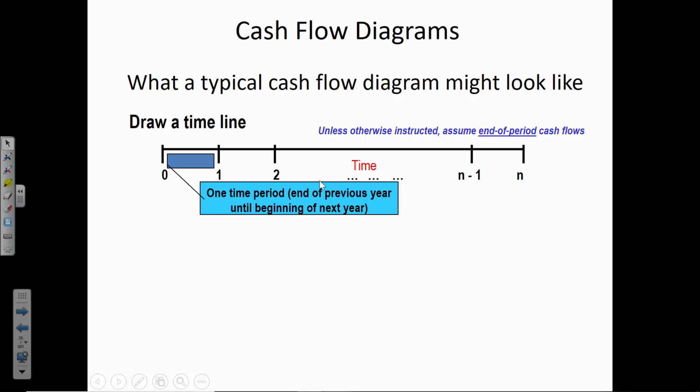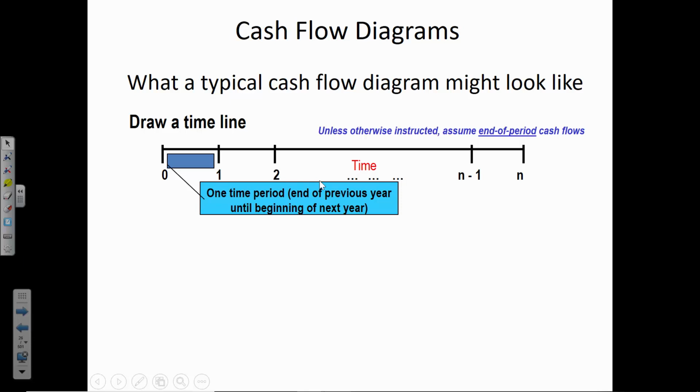This maybe seems really obvious, but at some point in the semester, probably everybody here is going to have to stop and think, all right, is this the beginning of the year? How much time has passed? You can sometimes need to prove it to yourself that 1 year is from the beginning of this increment, which is the end of the previous year.